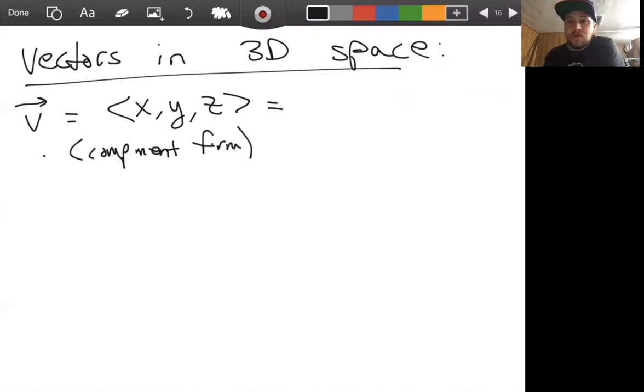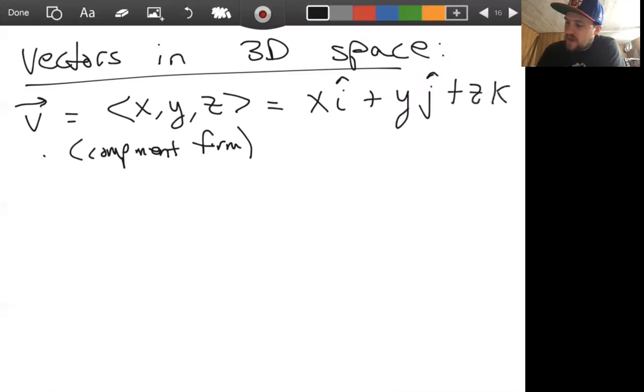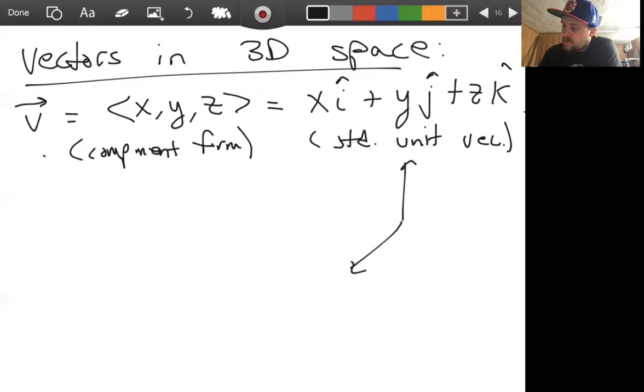We could also express vectors as a linear combination of standard unit vectors, which in 3D space would be x i hat plus y j hat plus z k hat. Okay, this is standard unit vectors. Let's recall what the standard unit vectors look like here just for practice.